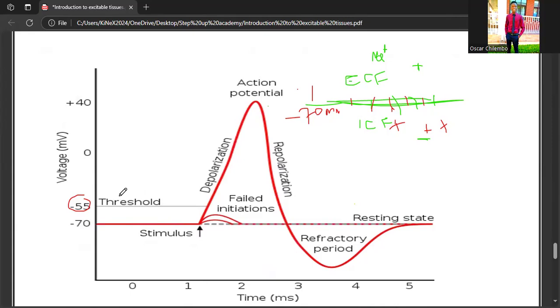But what really happens physiologically at negative 55 is the opening of voltage gated sodium channels. The voltage gated sodium channels are more porous. They allow sodium to rush inside the cell more than what the leak channels were allowing.